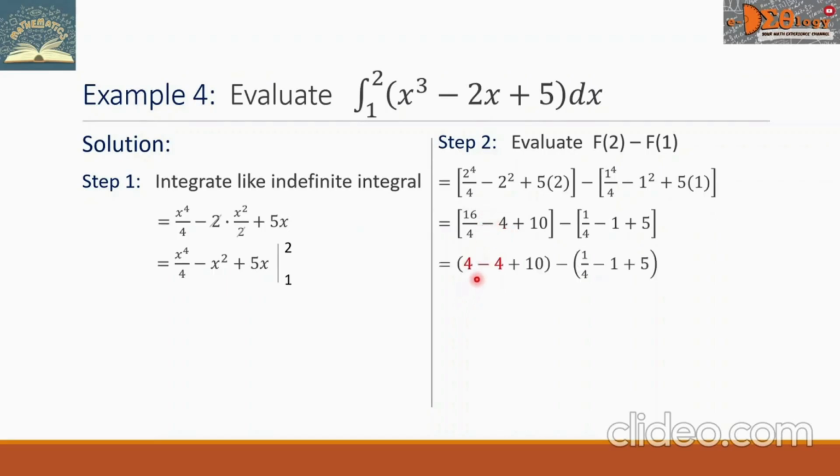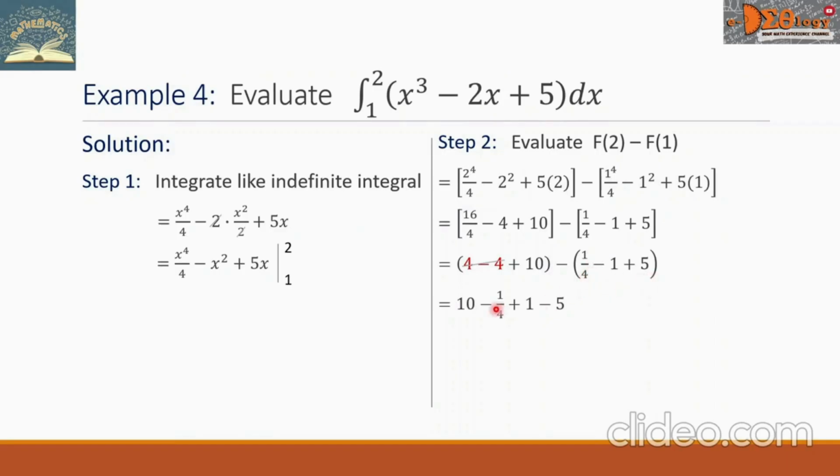16 over 4 is 4. Then minus 4 plus 10 minus the second group. In the first group, the 4 minus 4 can cancel out. So the first group is simplified as 10. While the second group, we remove the grouping symbol. We change the sign of all the terms inside.